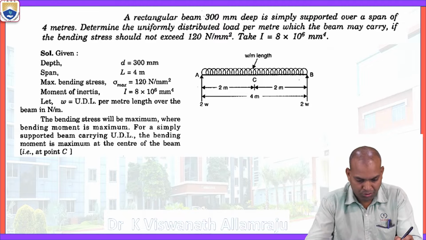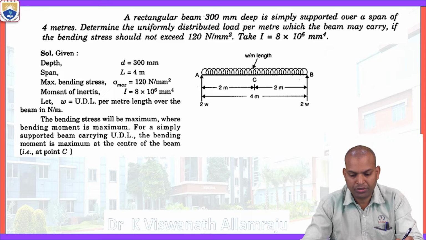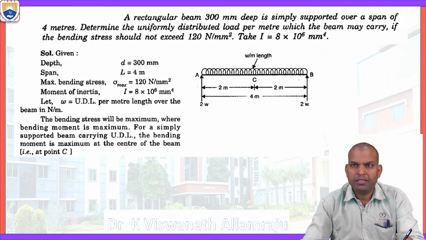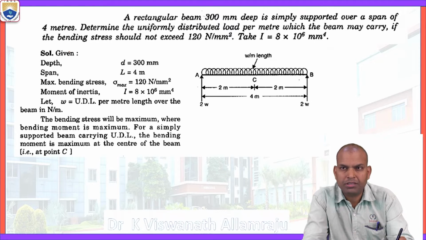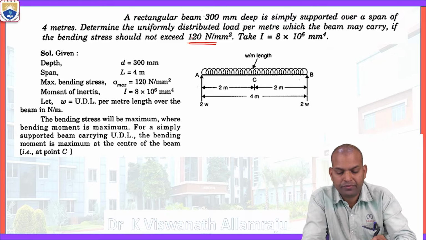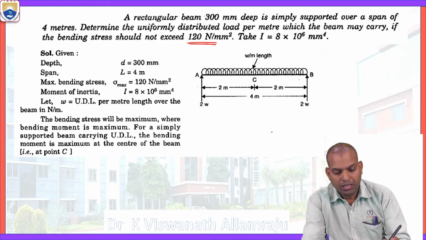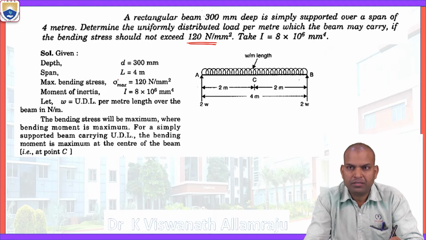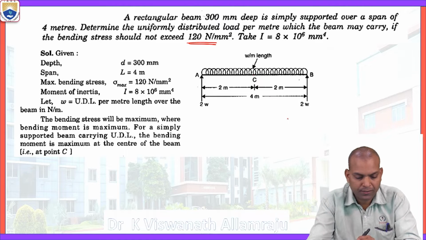Determine the uniformly distributed load per meter which the beam may carry, if the bending stress should not exceed 120 Newton per square millimeter, and take the second moment of area equal to 8 into 10 power 6 millimeter power 4. The depth is given as 300 millimeter, L is 4 meters. The maximum bending moment can be observed at the midpoint.